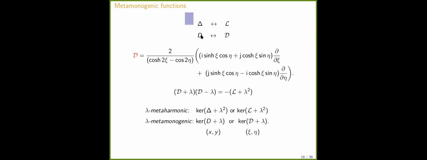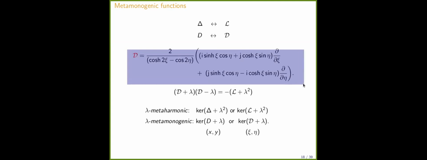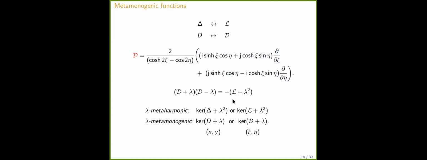So we have functions in the plane and functions in elliptic coordinates. The L operator that corresponds to the Laplacian I've already mentioned, corresponding to the D operator, we have this expression in elliptic coordinates, and the factorization exists on both sides, D plus lambda, or the script D plus lambda. And when I say that a function is metaharmonic, technically it should be a function of x and y, but I might use the same word for a function in elliptic coordinates, and the same for lambda metamonogenic.